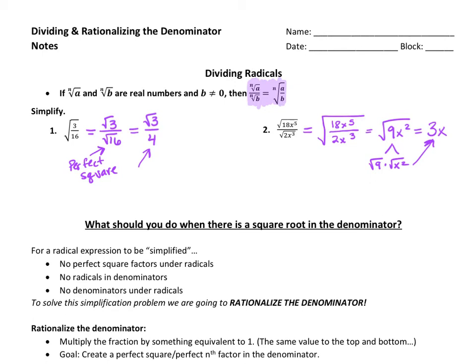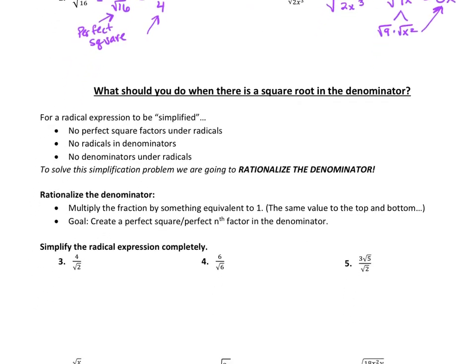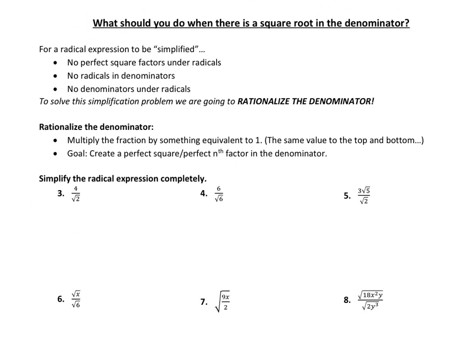The next section of our notes is going to talk about what we do if we have a root in the denominator. So, for a radical expression to be considered simplified, there has to be no perfect squares under the radical, no radicals in the denominator, and no denominator under radicals. So what does this mean?